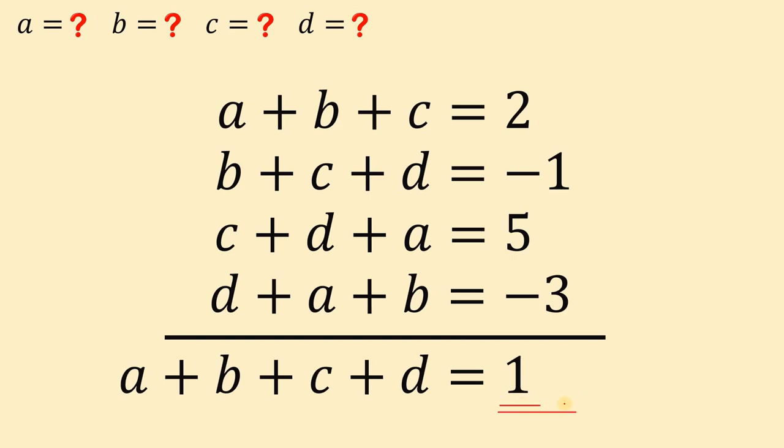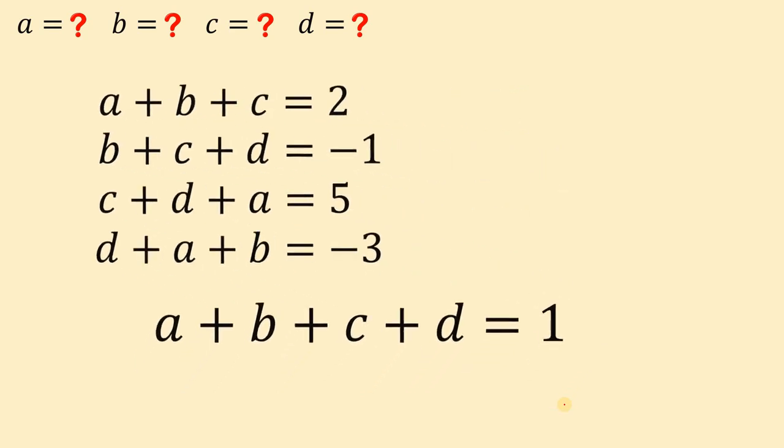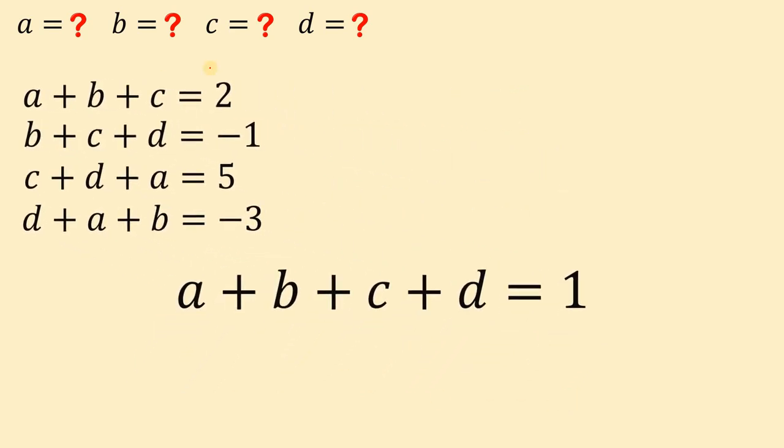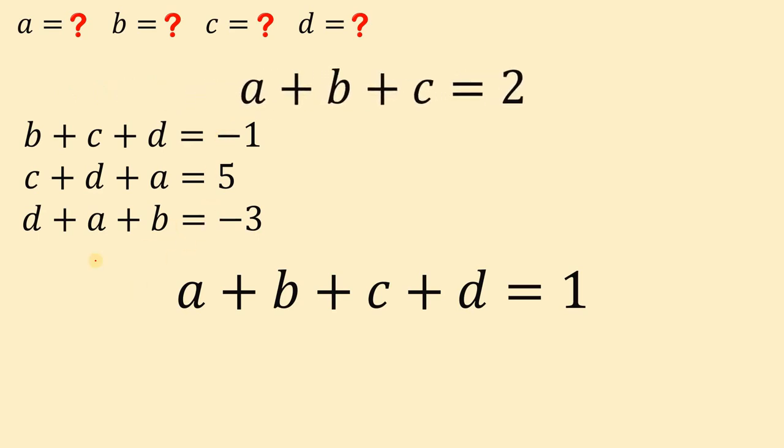Now, let's focus first on this result, and then let's use the first equation. Take note that we are given that A plus B plus C equals 2. In the result that we have here, we have A plus B plus C, and we know this is equal to 2 based on our first equation. So we can replace this by 2.